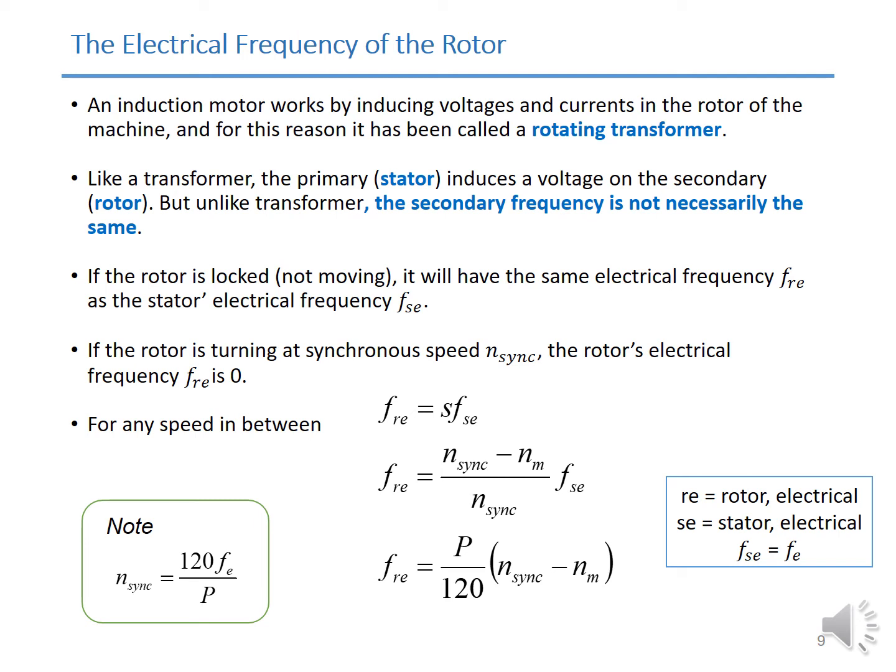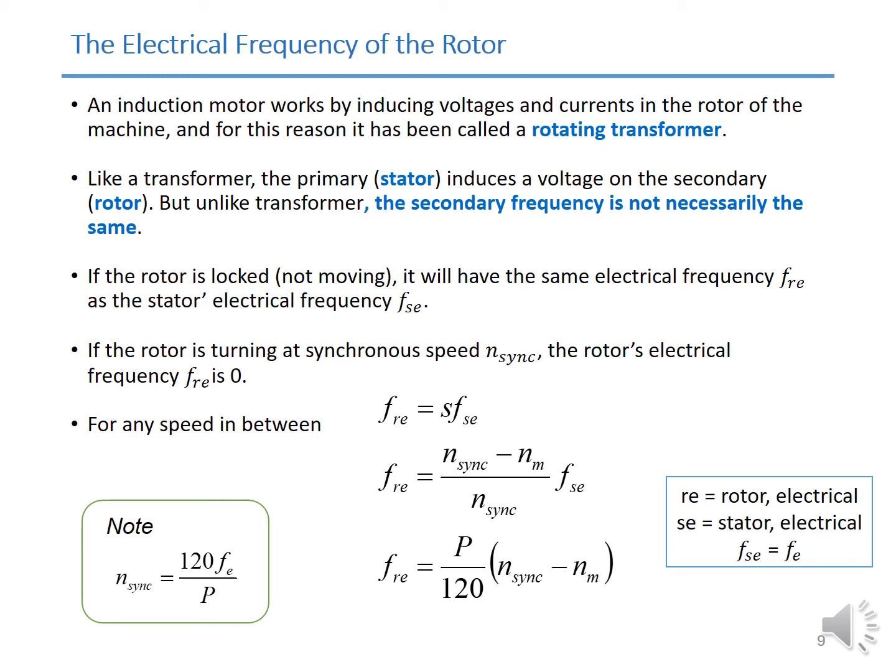If the rotor is locked, let's say we lock the rotor so it cannot move, then it will have the same electrical frequency as the stator electrical frequency. So f_re, the frequency of the rotor voltage, will be equal to f_se, the frequency of the stator voltage.